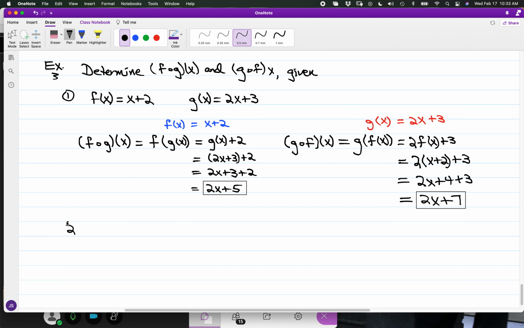Now let's say we have another case here, say we have f of x equal to x squared minus 3, and we have that g of x is equal to 2x plus 1.